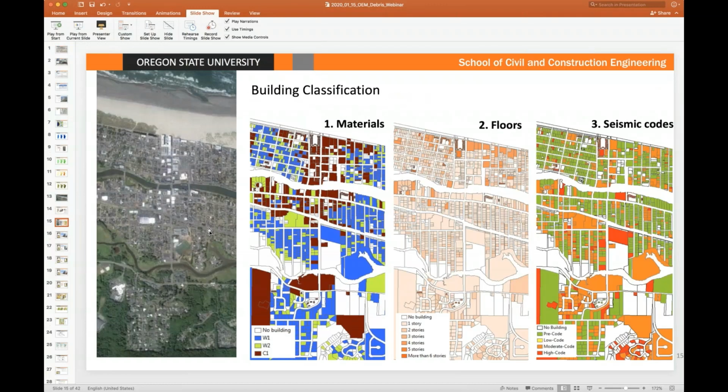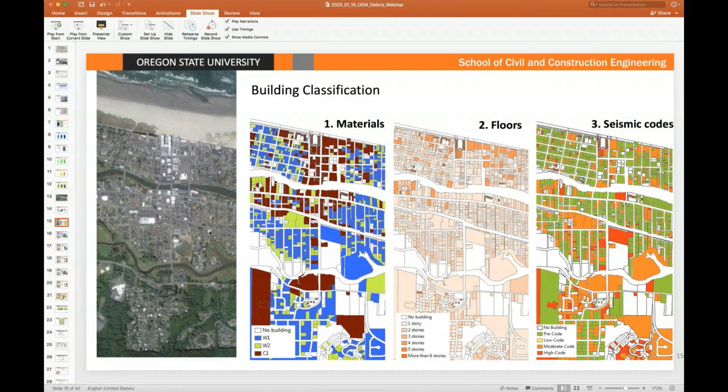So our built-up inventory of the built environment is looking at the material type. Is the building made of wood or concrete? How tall is it? Is it 1 story or up to 5 or more stories? And then the third panel is the seismic code. So just based on the date of construction, we have rough estimates. Was it built pre-code?